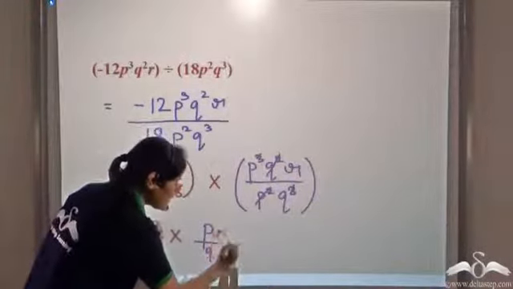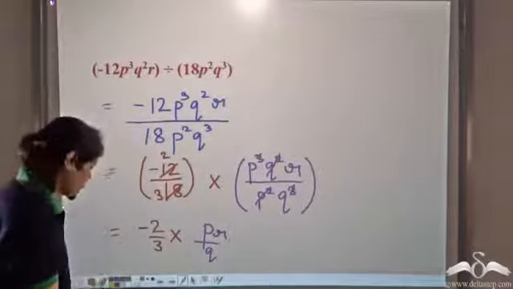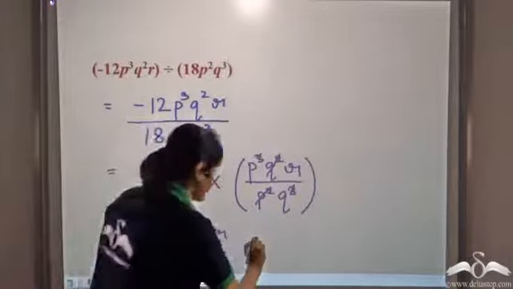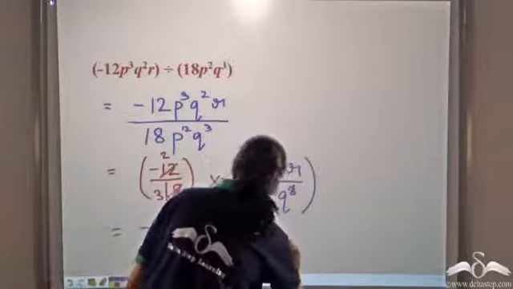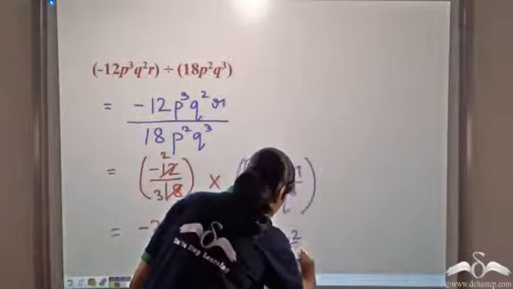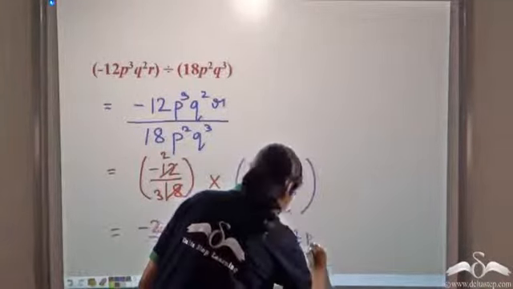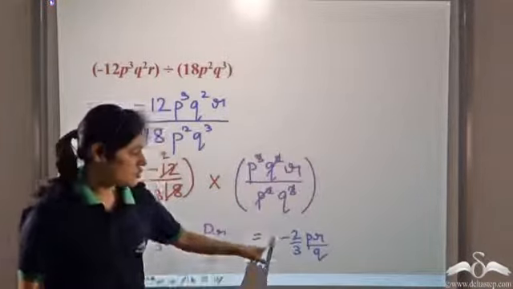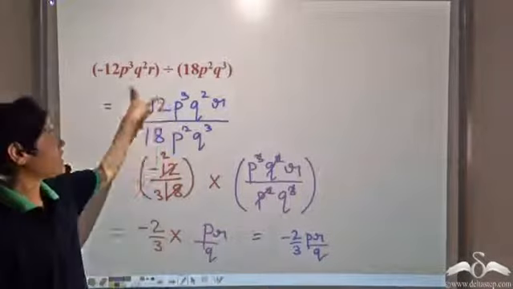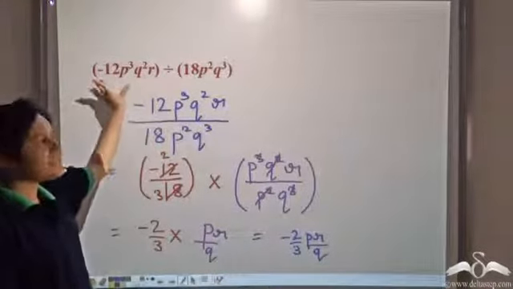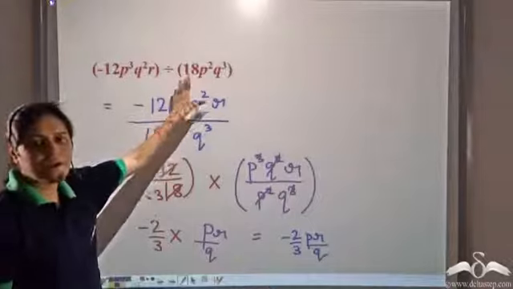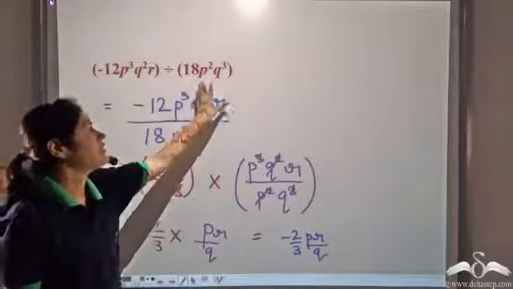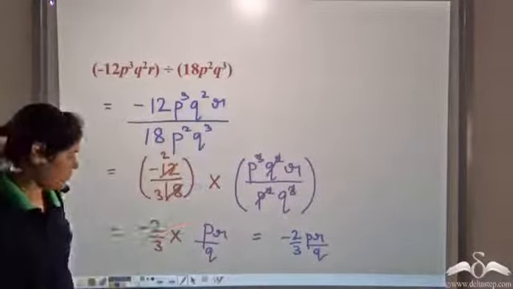So it is pr by q. So we get the answer as negative 2/3 pr by q. So this is how we divide two monomials. Divide the numeric part with the numeric part and the algebraic part with the algebraic part.